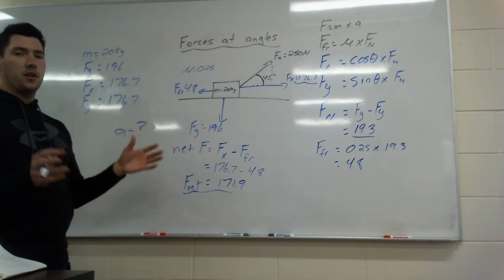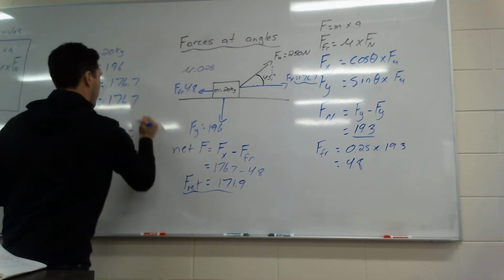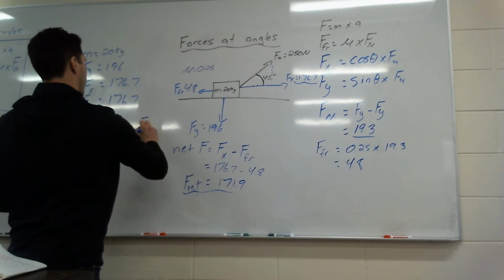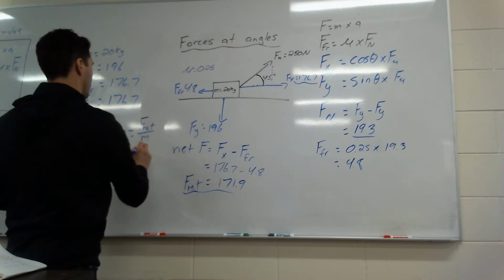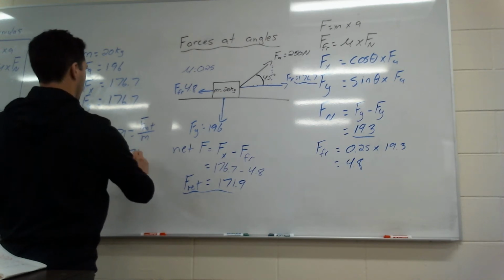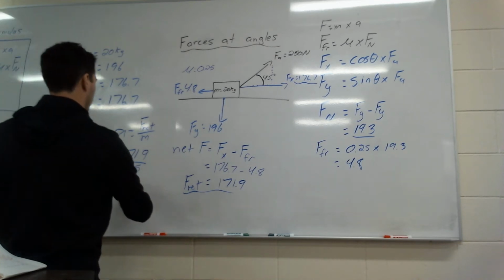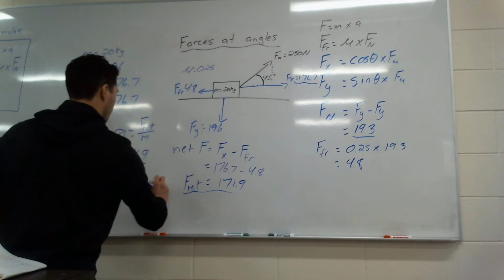And the very last step to actually find acceleration here is to take your F net and divide it by mass. So we're going to take that 171.9 over 25, and you get an answer of 8.6 meters per second squared.